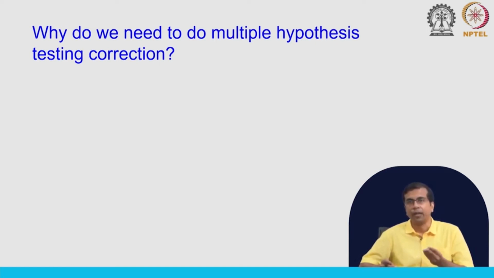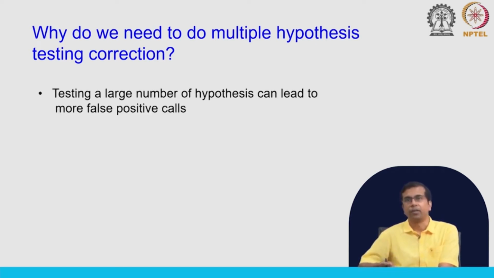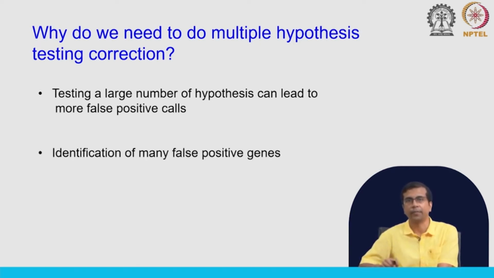You need to do this for all cases where you are testing multiple hypotheses, especially a large number of them. The reason is very simple: testing a large number of hypotheses can lead to more false positive calls. I will mention what a false positive is in a moment, for those who are not familiar with these concepts of statistics.